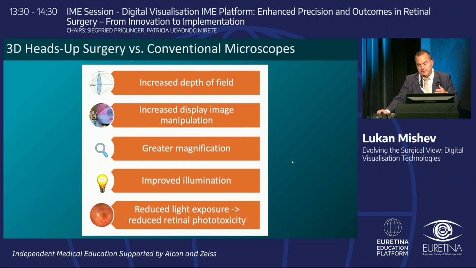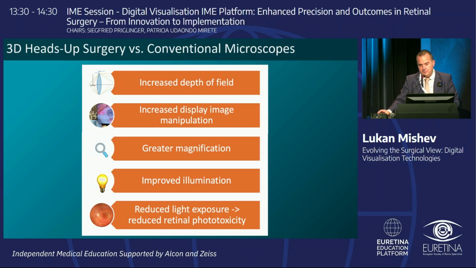So what are the supposed benefits of digital visualization? Increased depth of field. There are analog methods of increasing the depth of field, and there are digital ones. So here we open a second door, which can somehow broaden the horizons of the physics behind the image. Increased display image manipulation.